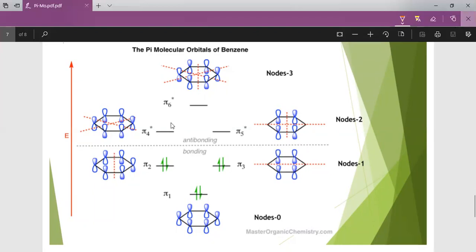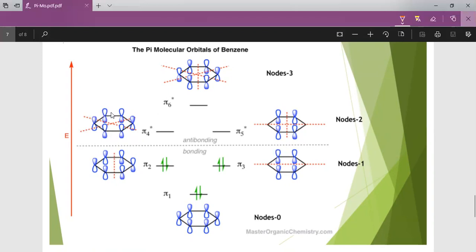So moving on to the next one, the Ψ4 energy level. Here, in the case of the Ψ4 energy level, the number of nodes is equal to 2. So the two nodes are passing through the bonds, and here I have represented the nodes. Due to the passage of the node between C1 and C2, the lobes are oppositely charged. Hence it is going to show anti-bonding interactions.